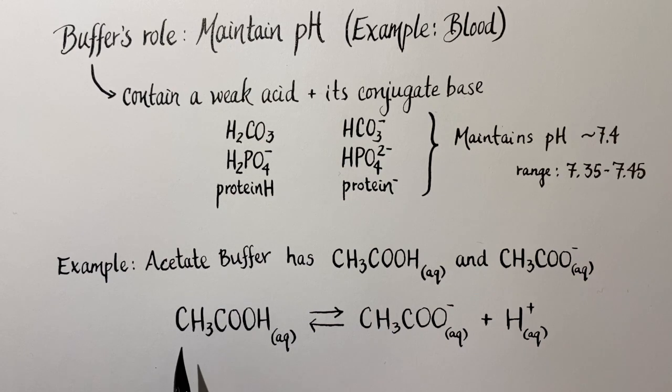But in contrast, here we have a weak acid. Weak acids predominantly stay as a molecule. So there are far more acetic acid molecules in solution than there are the ions of it, the acetate ion and the hydrogen ion.